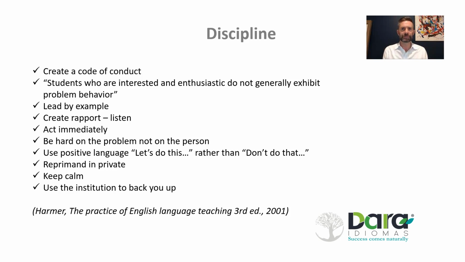For me, this is perhaps the biggest cause of discipline problems in the classes that I've taught and the classes that I've observed. Students who are bored, students who don't want to do what you've decided to teach them, are going to cause problems. So it's important to agree the topics that you're going to teach with the students.